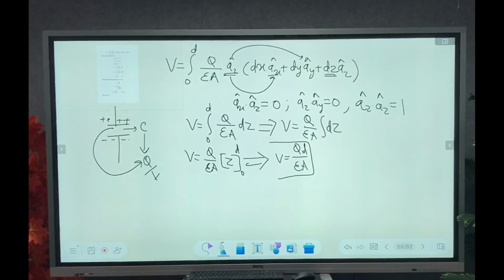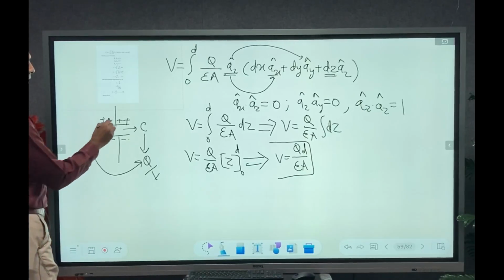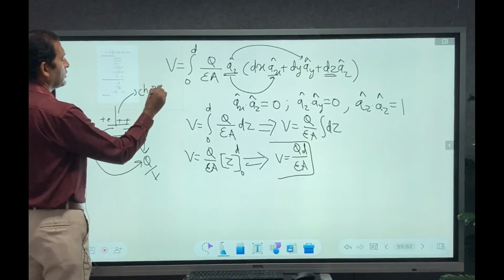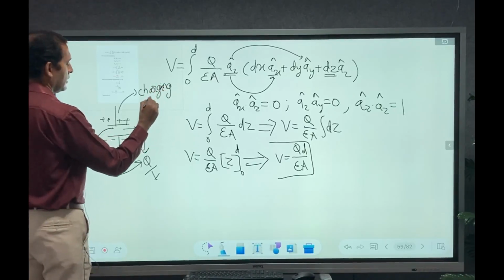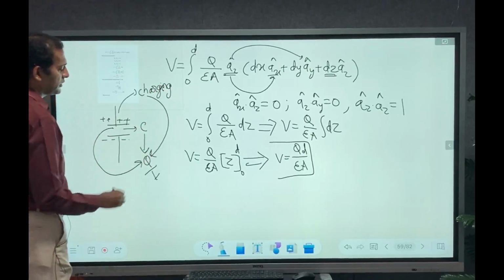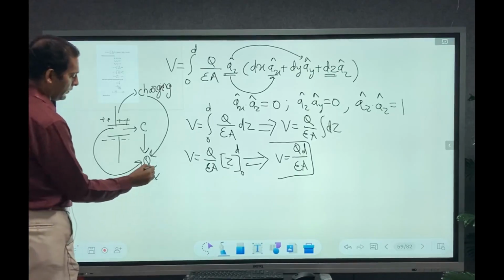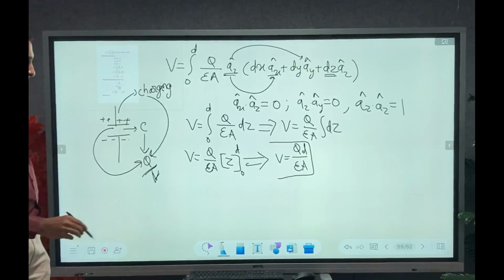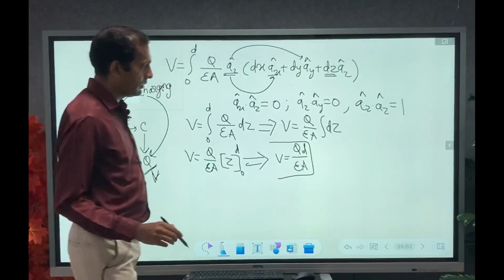That is nothing but capacitor. What is the function of a capacitor? To charge. It will have charge. So this charge, how much charge is acquired for a given voltage, that is nothing but C. So from here we can find out C.